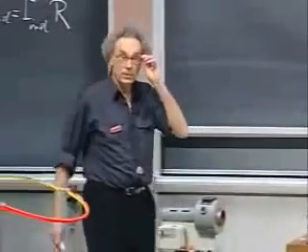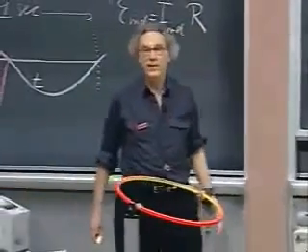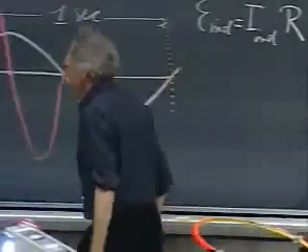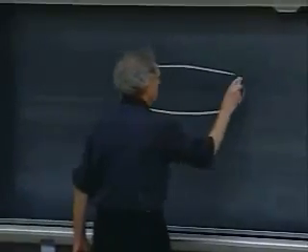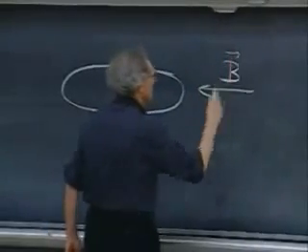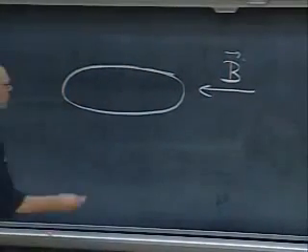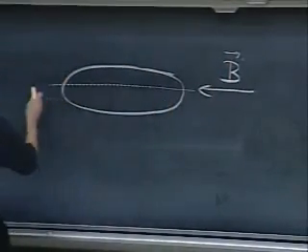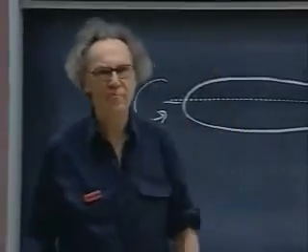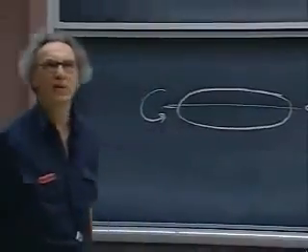When you rotate a loop in a magnetic field, you can even rotate it in such a way that you get no EMF. I can show that to you easily. If this is the loop, and if somehow the magnetic field came in like this, if you rotated this loop now around this axis, there would never be an EMF, because the dA and B would always be perpendicular to each other.